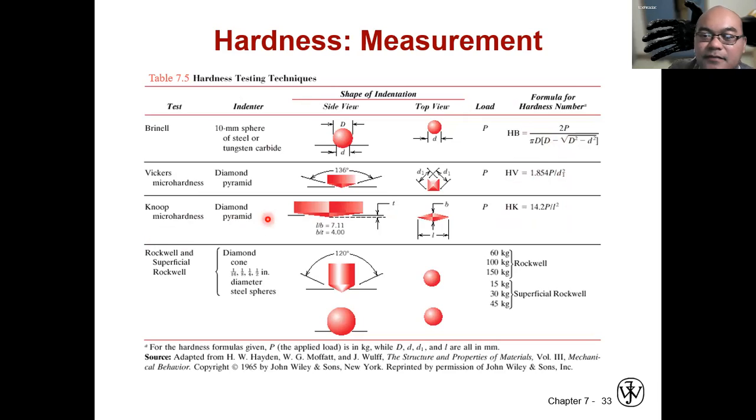Knoop microhardness is measured using a diamond pyramid as well, similar to Vickers, but with different dimensions. It is not a square diamond pyramid, but instead more of a rectangle or elliptical shape, because the axes have different dimensions.